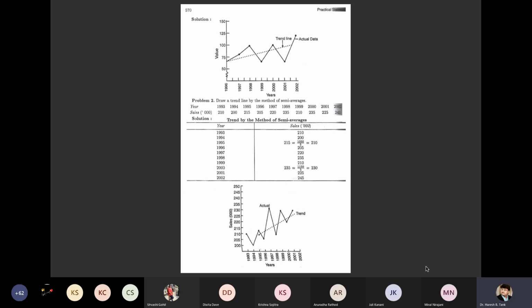What is the total? 1050. 1050 is the total of the first 5 years' sales, right? So 1050 divided by 5 gives 210, and that should be written exactly in the middle of these 5 years. The middle of this 5-year period is 1995. So 210 is to be written against 1995.